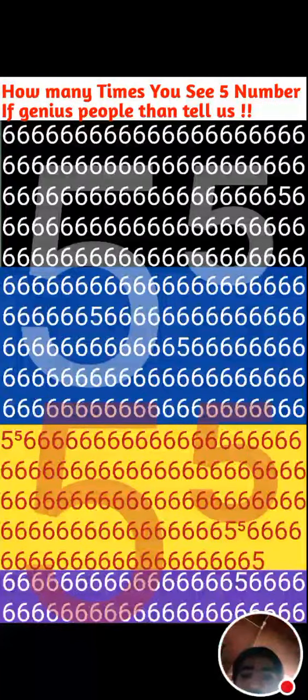So I am back. So we have found the number 5 for 5 times in the first 11 rows: 5 rows of the black box, 5 rows of the blue box, and in the very first row of the yellow box we find the number 5 for 2 times on the same position.